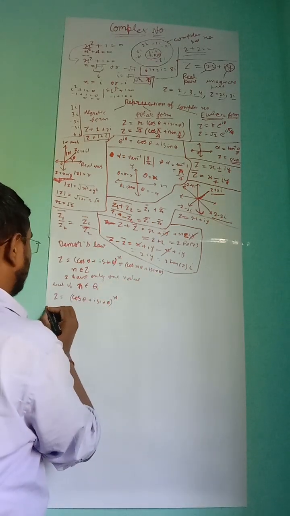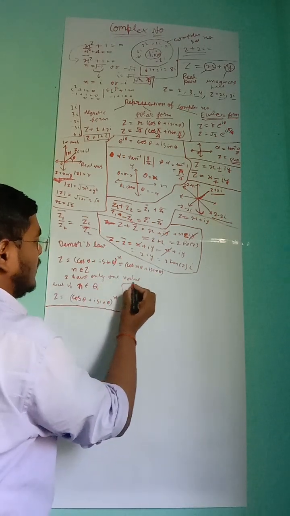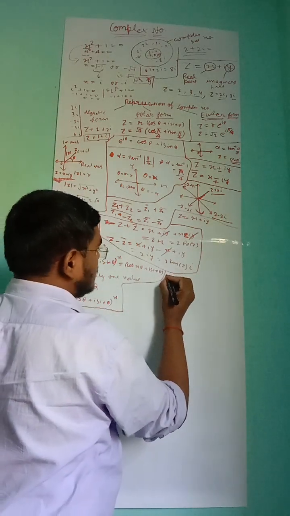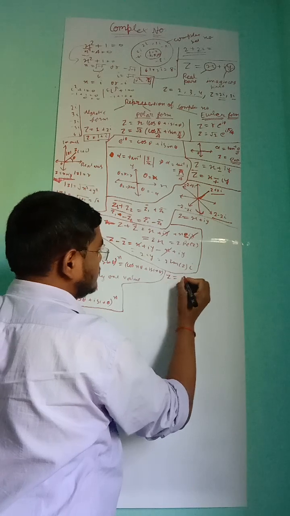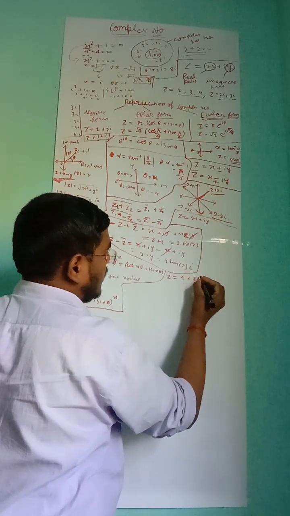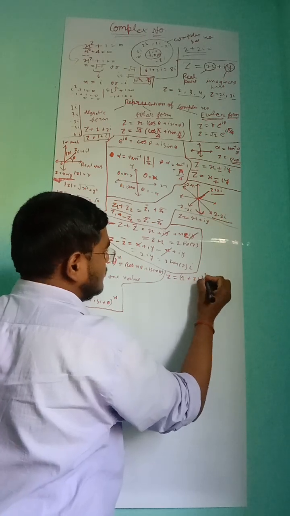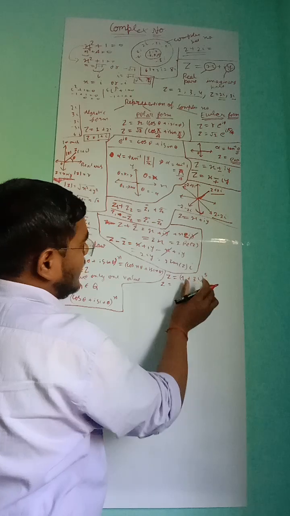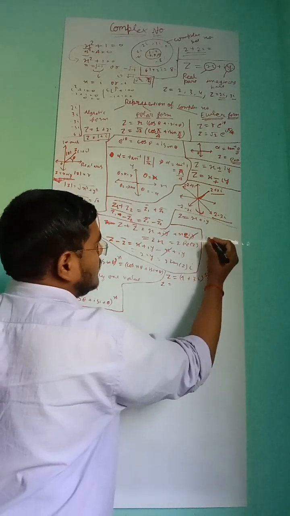Suppose let's understand by one example, then it is more clear. Suppose I have taken 1 plus root 3 iota, power 5. So what is mod z here?